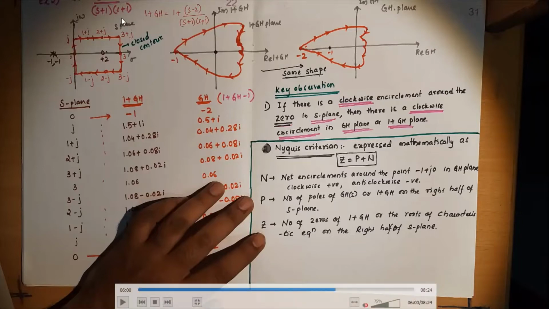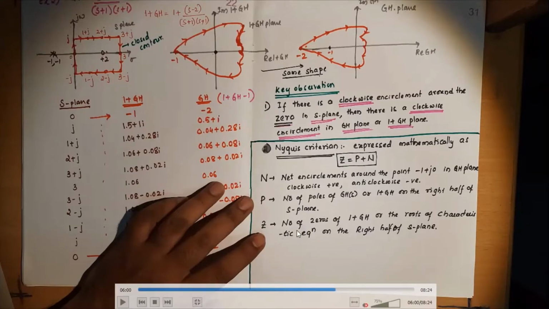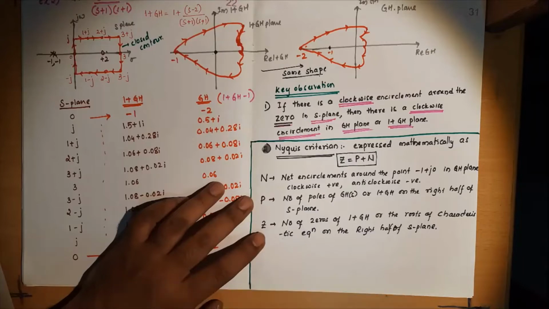For the given transfer function, there is no right half pole at all. But Z I need to find using this formula. Whatever value you get represents the number of zeros of 1 plus GH, or the roots of the characteristic equation, that lie on the right half of the S plane.